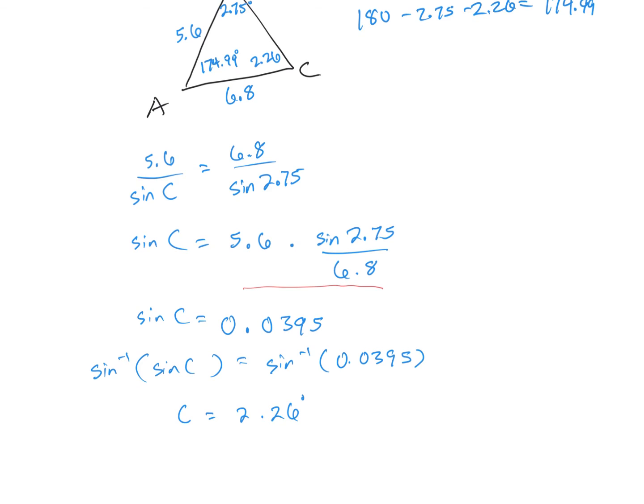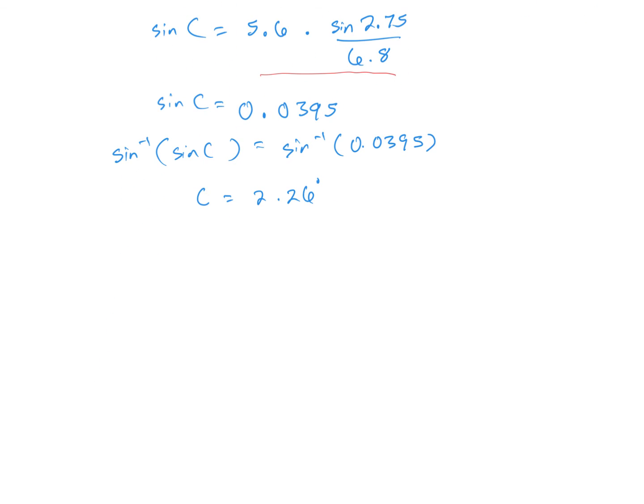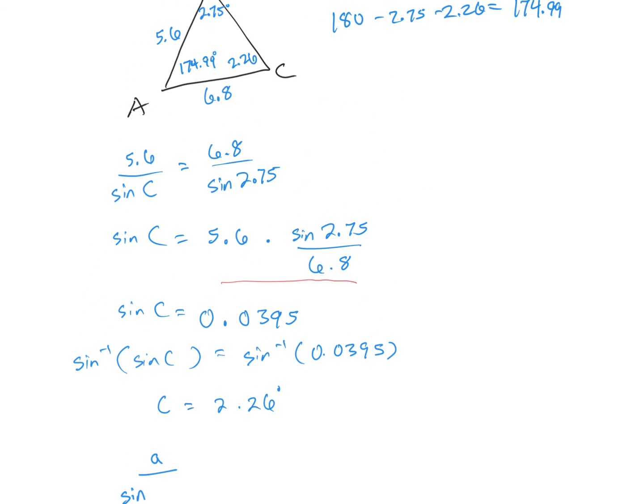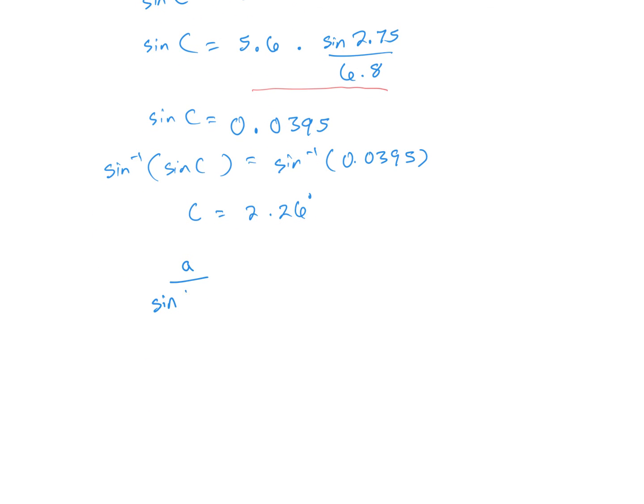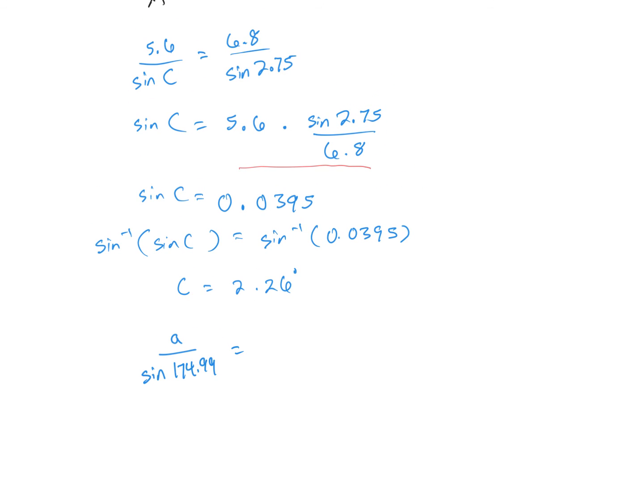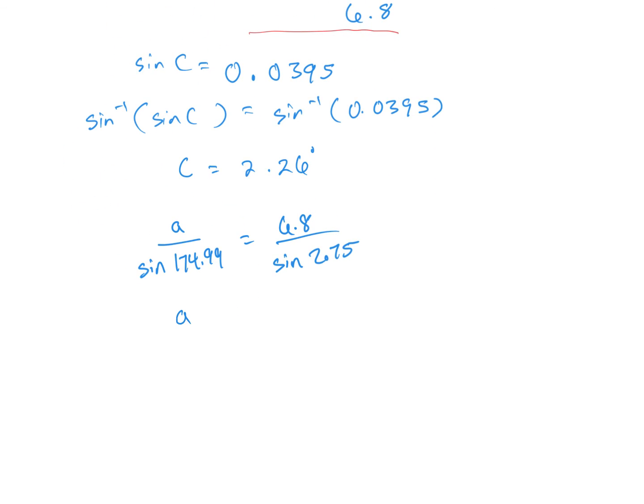So for side A, I got A over the sine of 174.99 must equal 6.8 over the sine of 2.75. So then A equals 6.8 over sine of 2.75 times sine of 174.99.